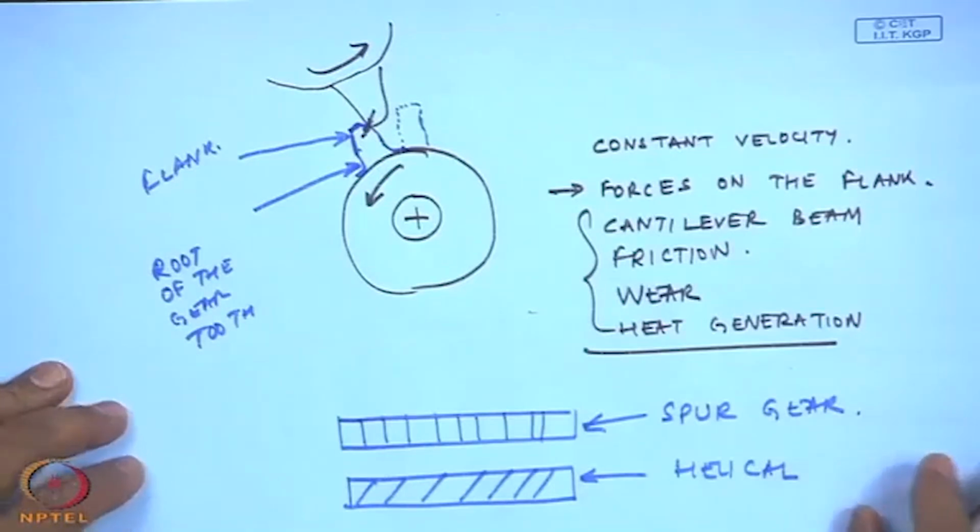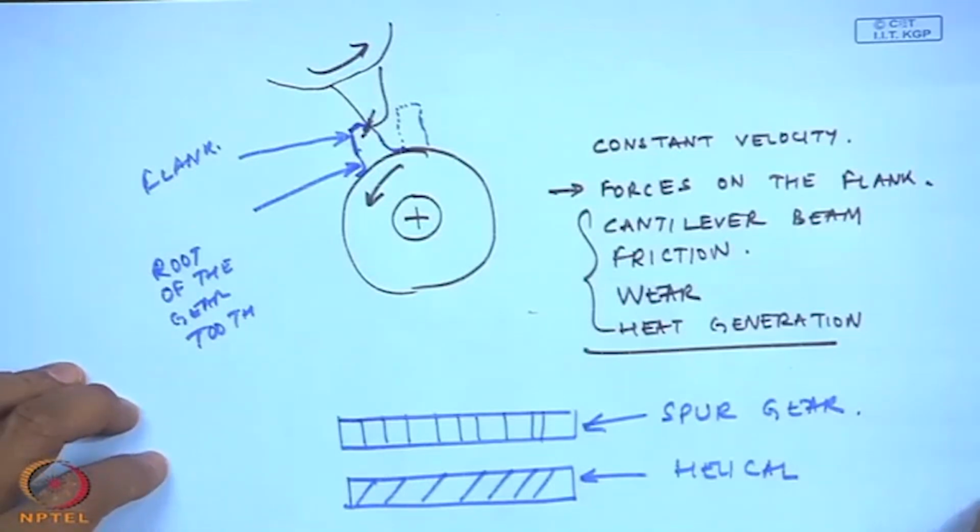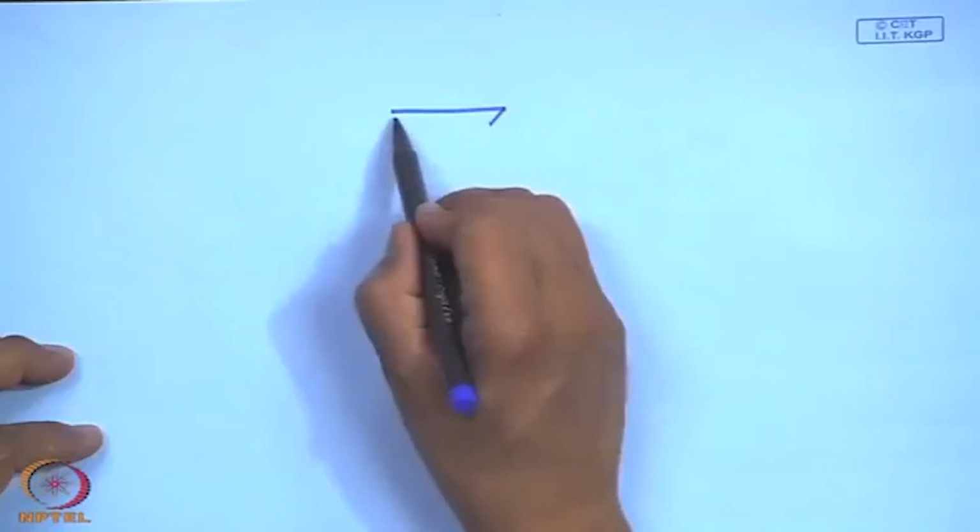Spur and helical gears are used to transmit power in the same direction, but whenever there is power transmission at 90 degrees, we have what is known as a worm and a bevel mechanism.